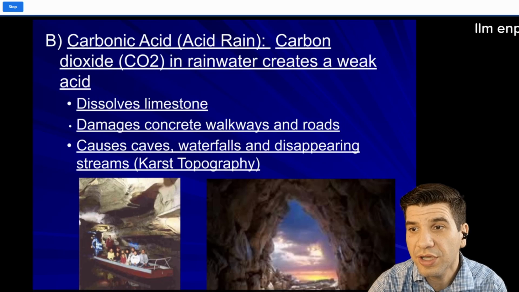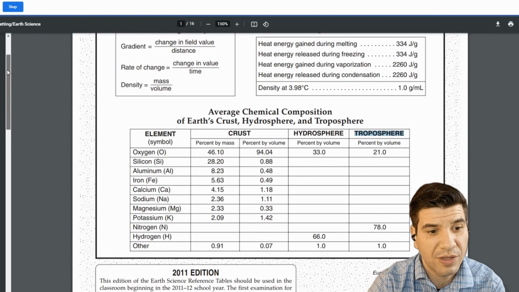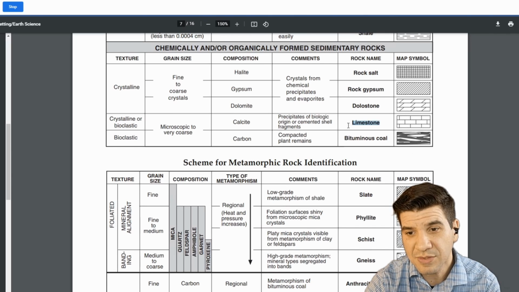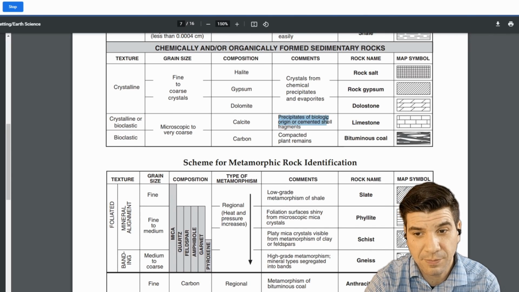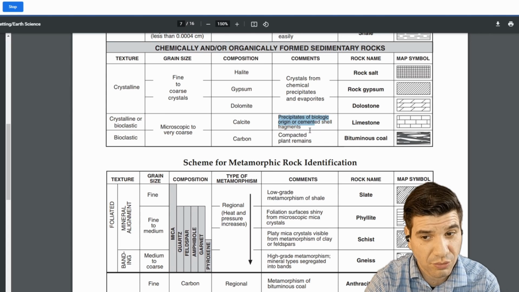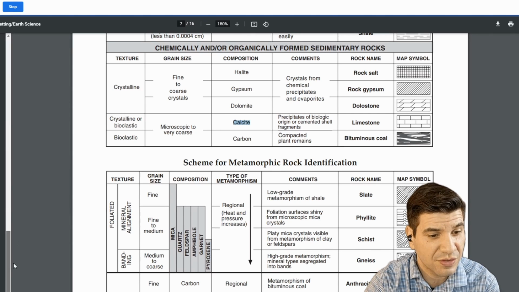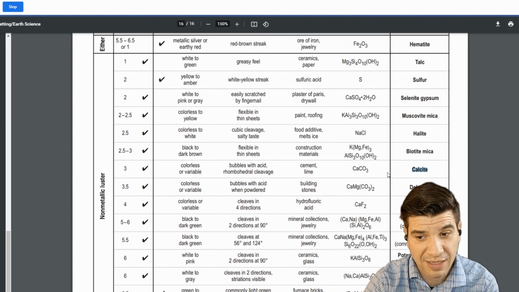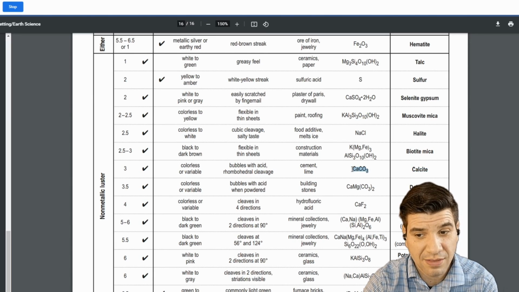So if we take a look at our Earth Science Reference Table and go down to page 7, you'll see that limestone is made up of the precipitates of biological origin, cemented shell fragments, which are made up of calcite. And if we go to ESRT page 16, we'll find that calcite is made of calcium carbonate, CaCO3, which can also be found in cement, which bubbles with acid.